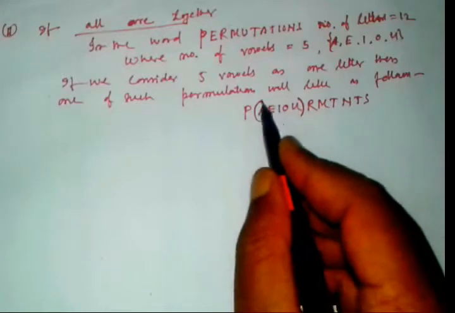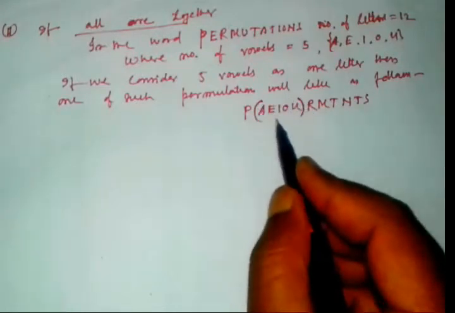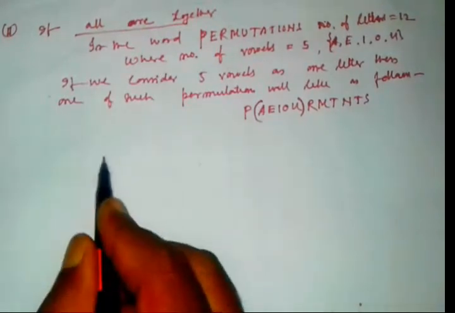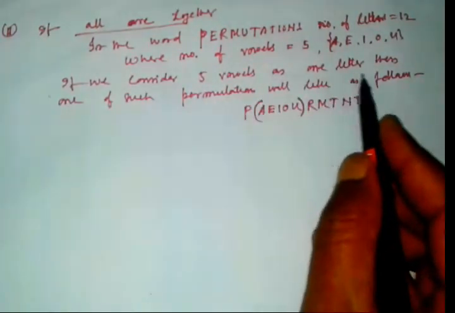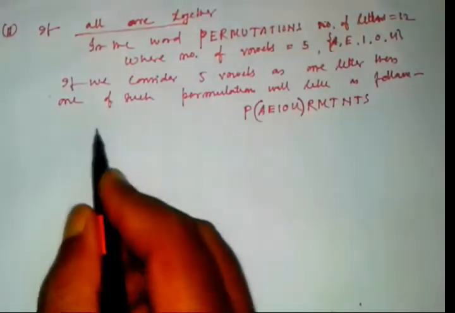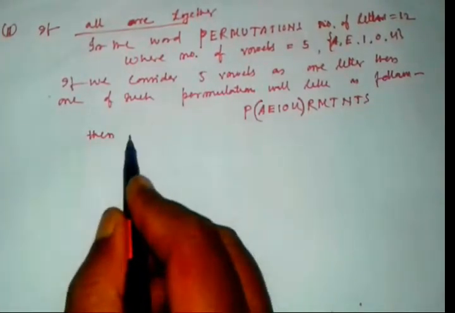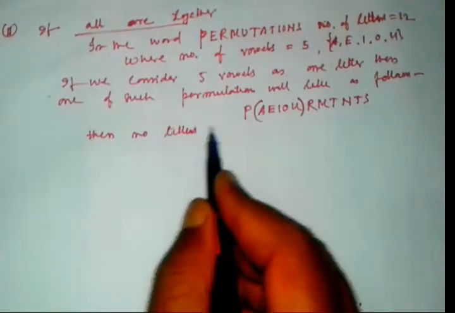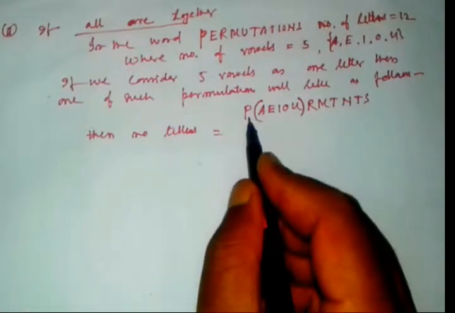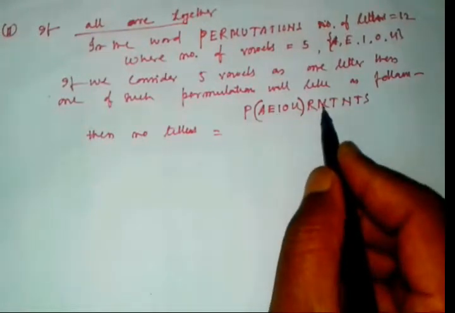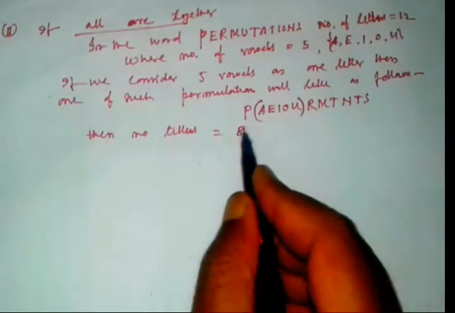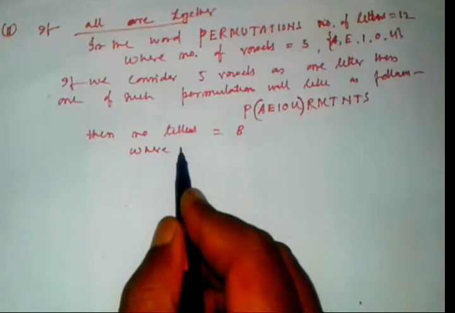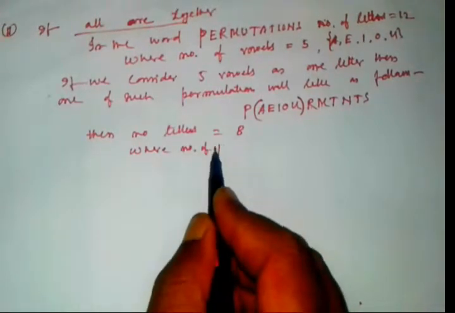If we consider 5 vowels as one letter, the number of letters will be 1, 2, 3, 4, 5, 6, 7, 8, where the number of T is 2.